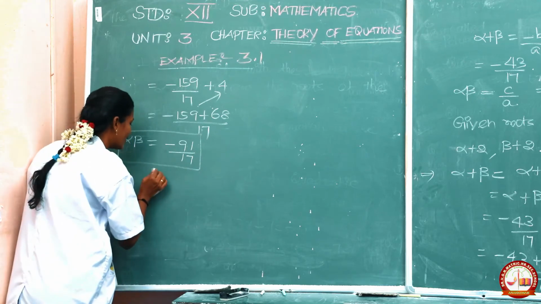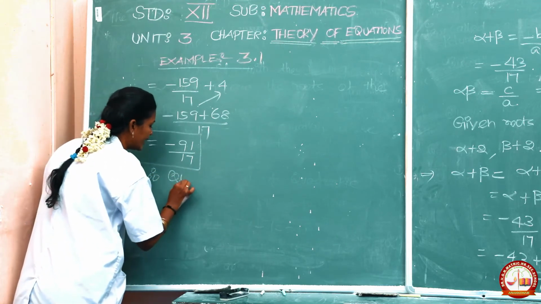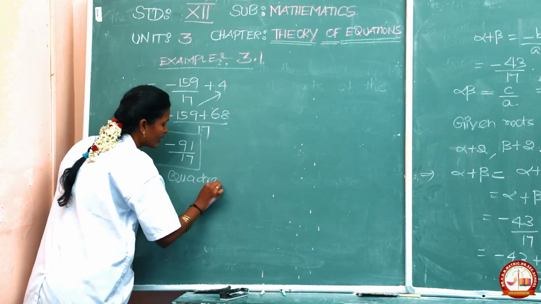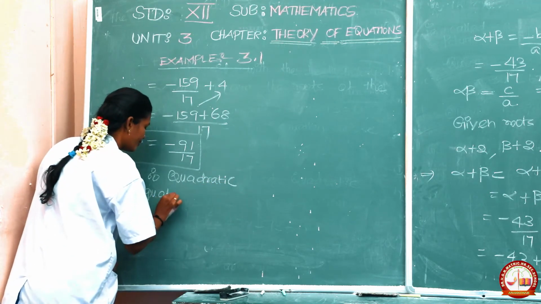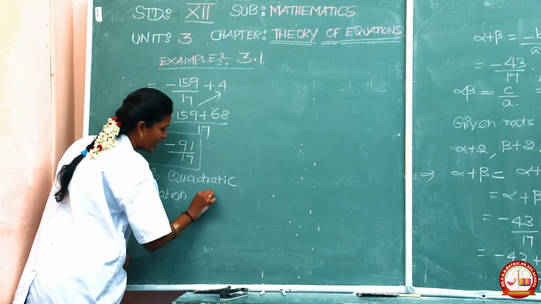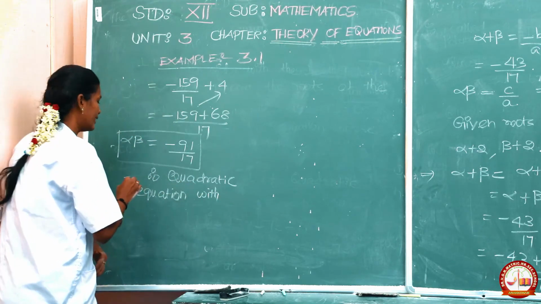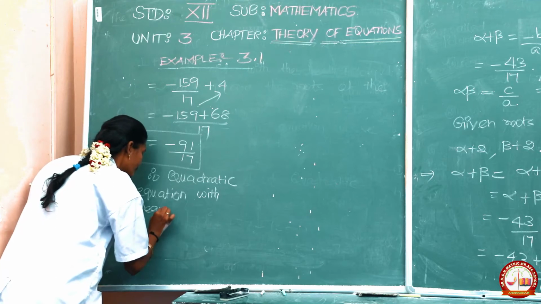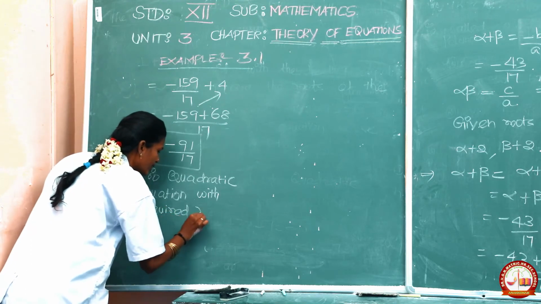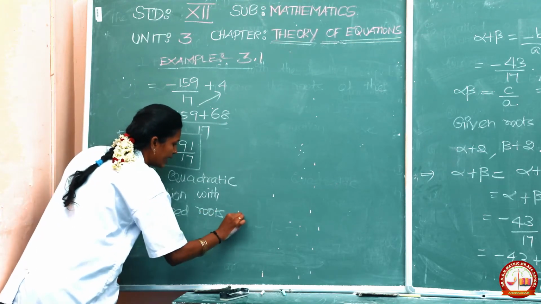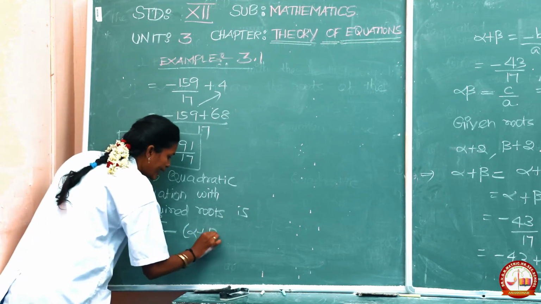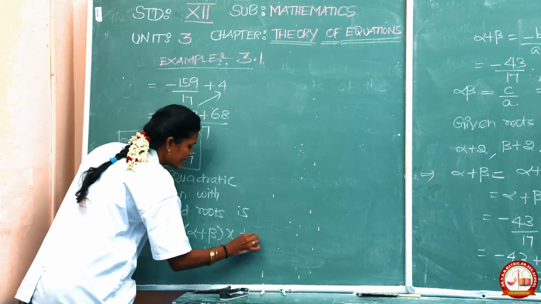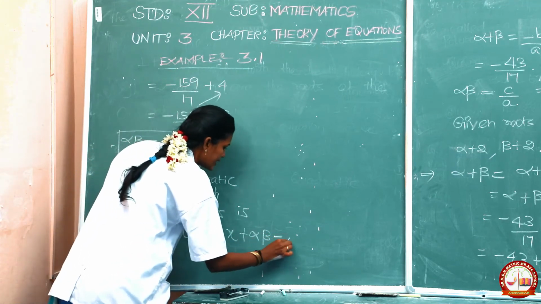So the quadratic equation with required roots is x square minus alpha plus beta into x plus alpha beta is equal to 0.